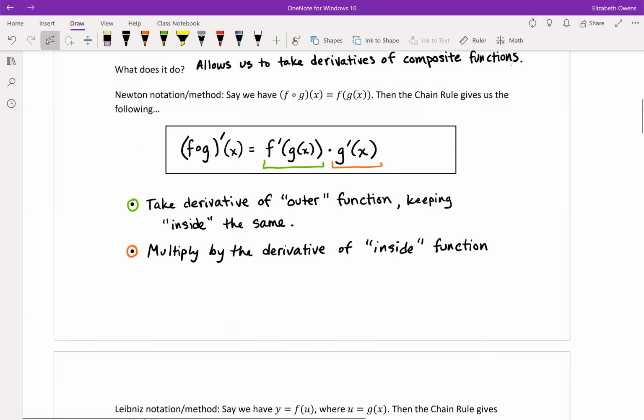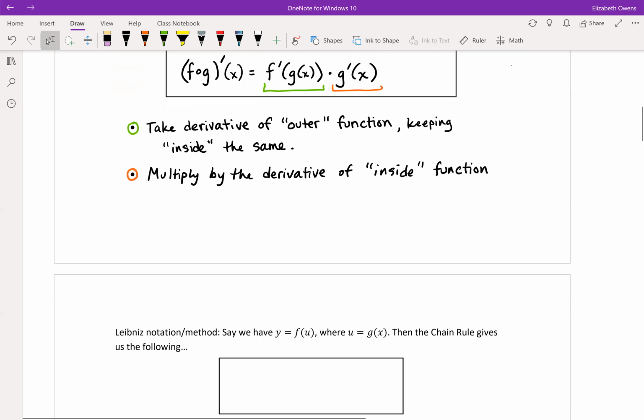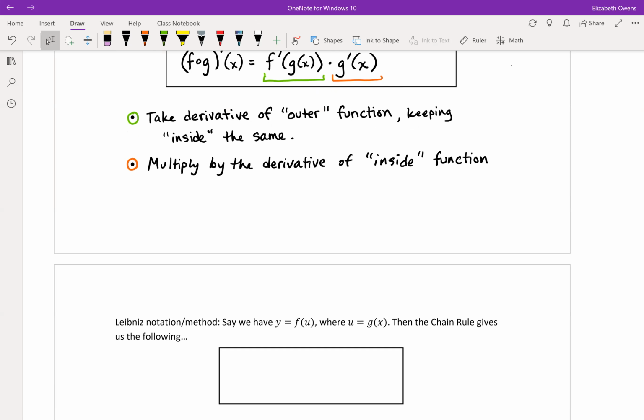And then we'll get our other methods here, the Leibniz notation. So Leibniz, remember, that's the derivative notation that's all like dy dx. For setting this one up, we're going to say we have y, which is a function of u, and u is g of x. So u is a function of x.